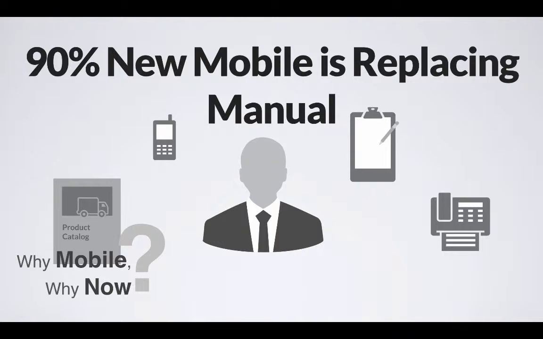So there's a big sea change in the way that things are happening. There's a wide range of companies now who are getting on board and replacing these disconnected and inefficient tools with the smartphone or the tablet.